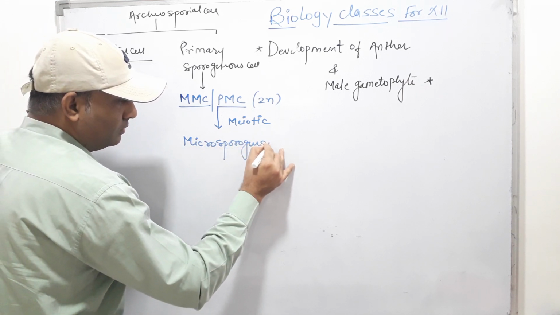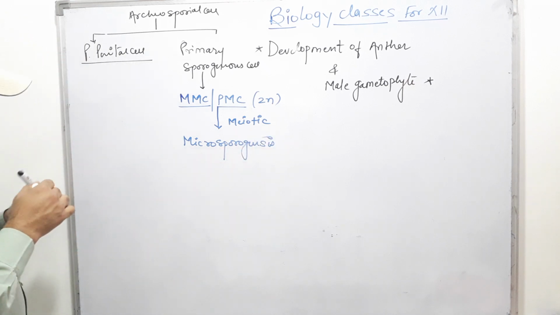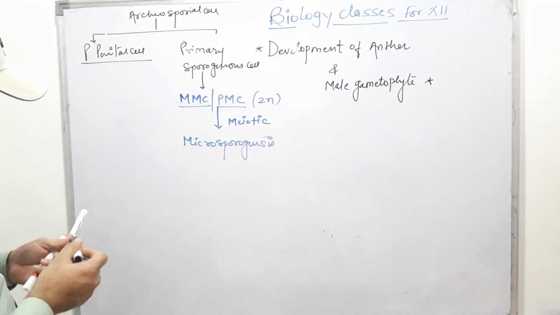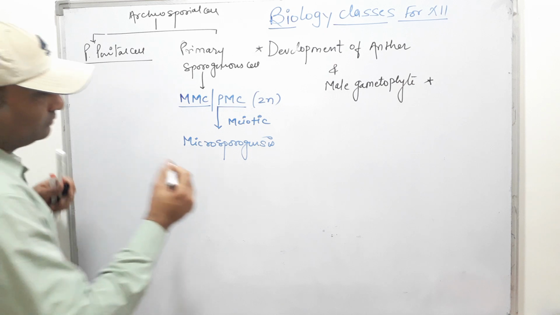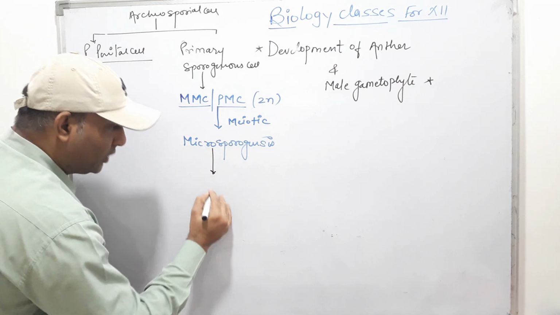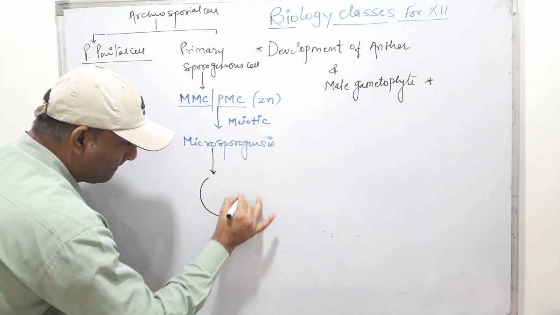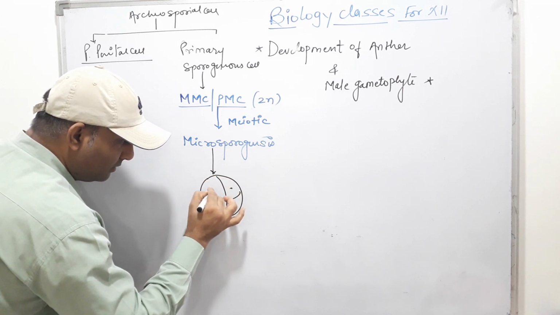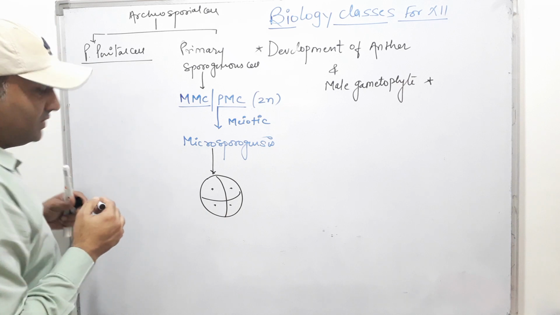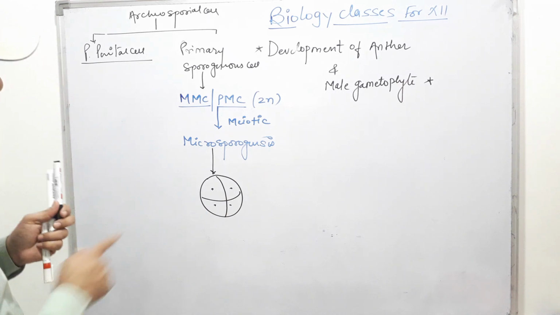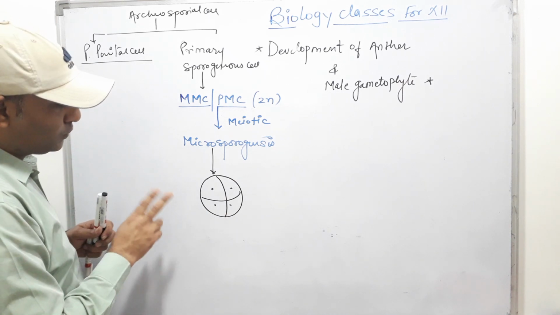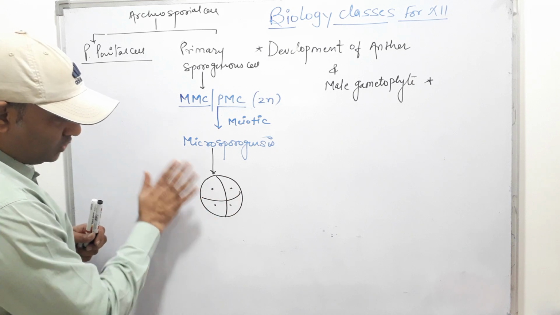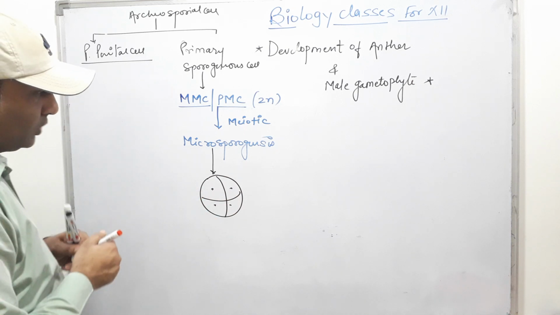Now microsporogenesis produces a microspore tetrad. That means it produces a total of 4 microspores, but they are all joined. So at that time the name of the structure is called microspore tetrad.